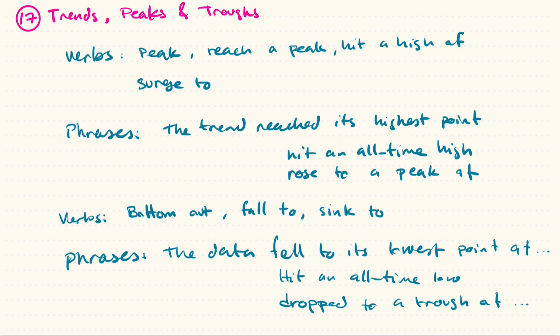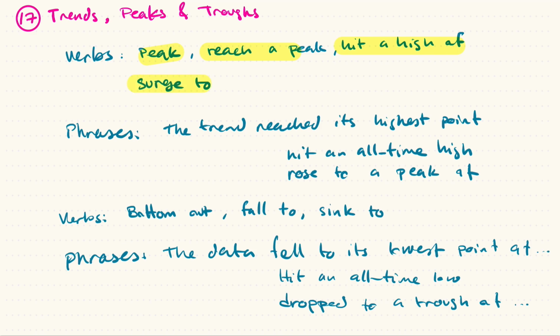Let's highlight these verbs and phrases because I think they're important, and typically most graphs have a maximum or a minimum, unless it's just ever increasing or ever decreasing. It is very common that you see graphs that have a maximum or a minimum, so it's good to practice these. So peak, for example: reach a peak, hit a high of the value, or surge to a value.